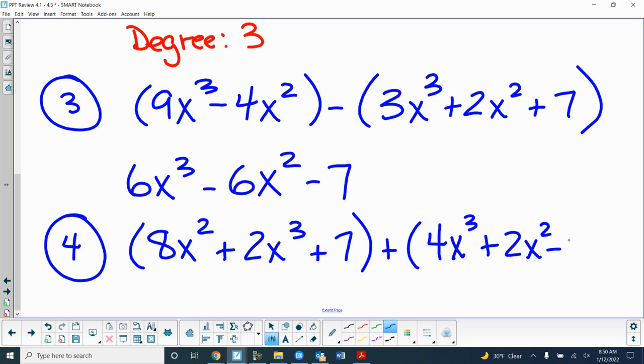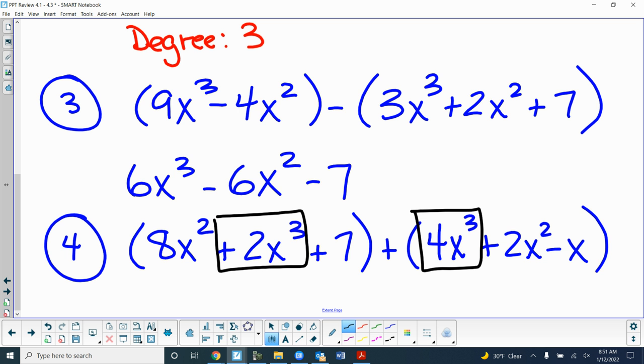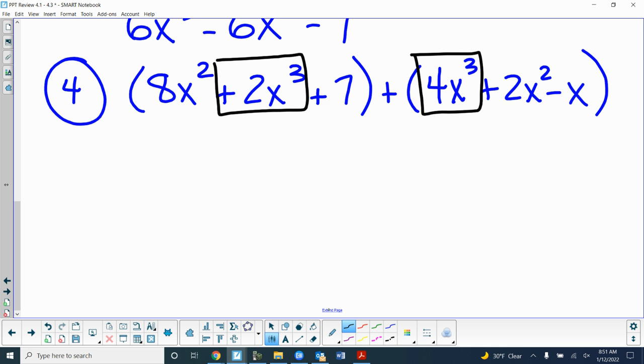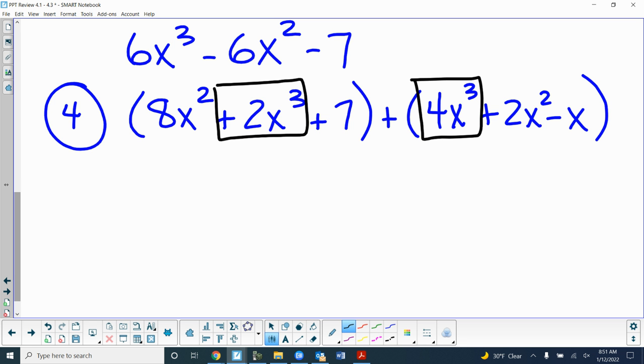You can do that. There's a positive 2x cubed there and a positive 4x cubed there. If you want to, circle or square or triangle, put symbols around them so you know which ones are like, whatever helps you. Okay? So what's 2x cubed plus 4x cubed?